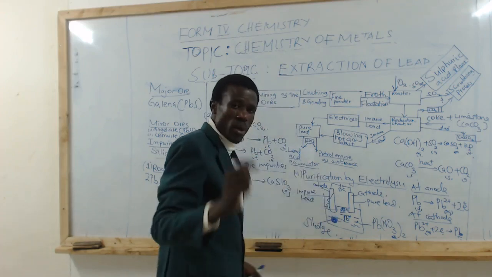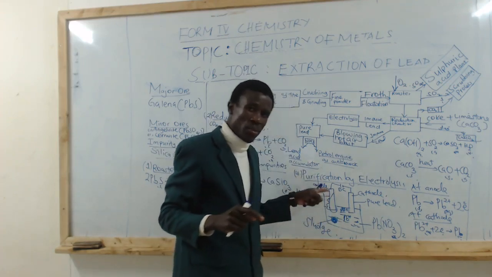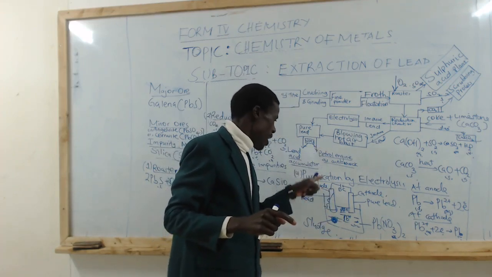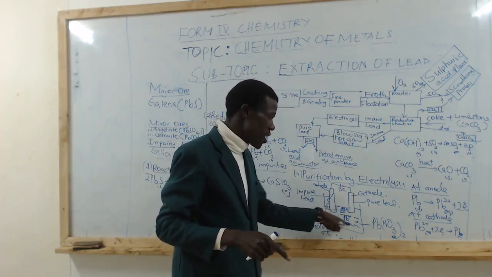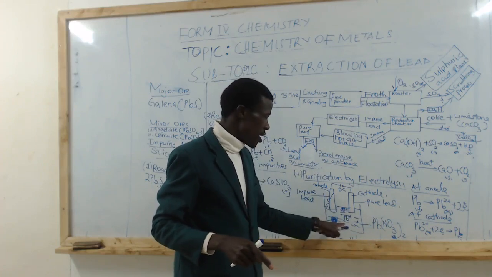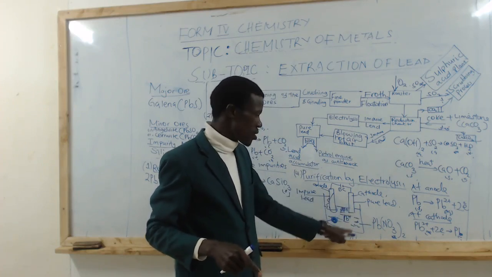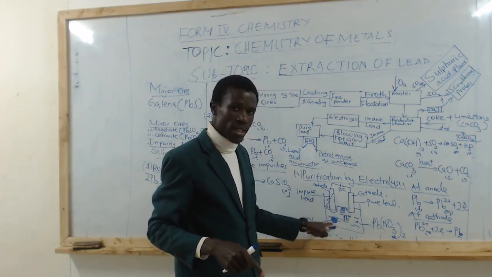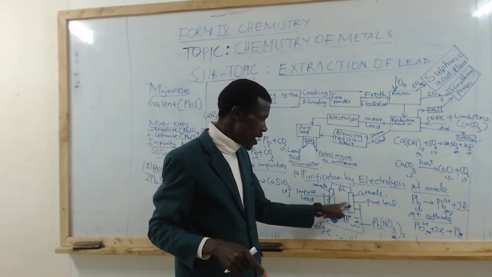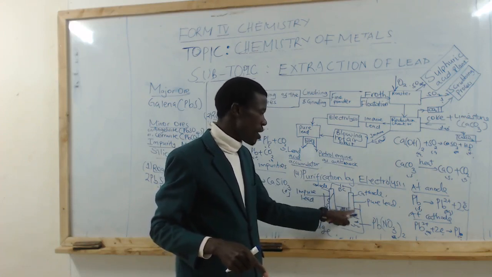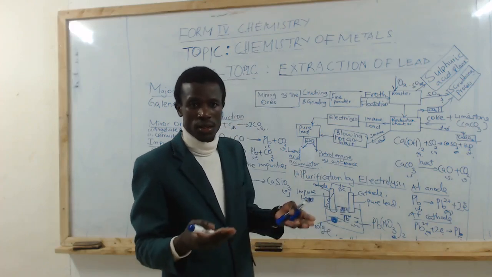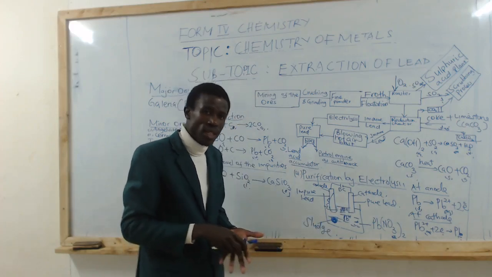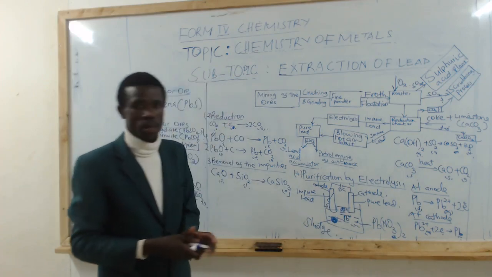The reason the impure lead is meant to be at the anode is to allow it to dissolve into its solution, producing lead ions that migrate to the cathode, leaving behind the impurities. Now the lead deposit formed at the cathode is pure and can be collected and used in various applications.